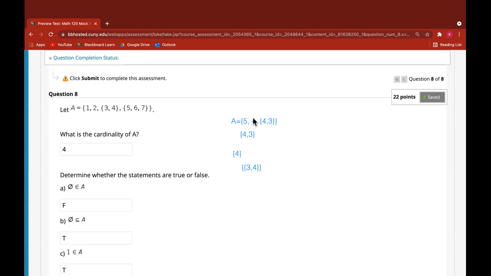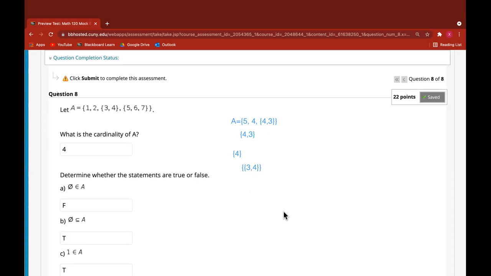This will be a subset of A. You have the set containing the set {3, 4}, which is your element here. This element is the same as this element. Do you see the difference between these three?